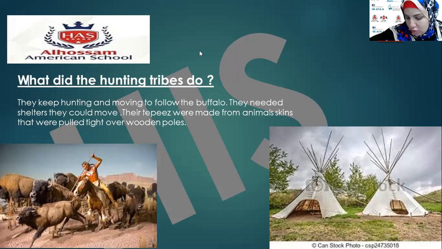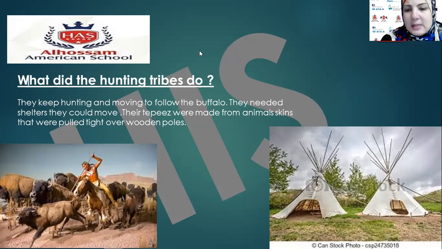So they need shelters. These shelters, as you see here in the picture, are teepees. They are known as teepees. They were made from animals' skin that was pulled and tied over wooden poles. This is the same as a tent. If you look deeply at the picture, you will find it's the same as a tent.